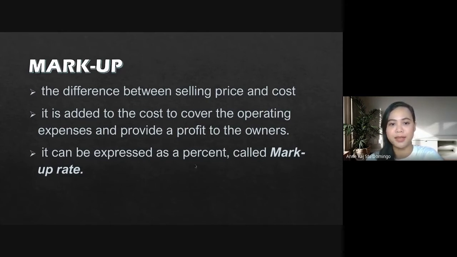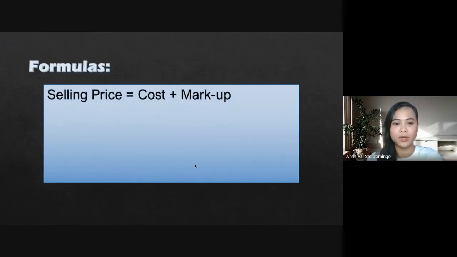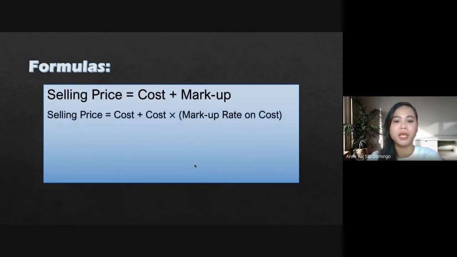So, let's find out how we can solve the markup. The markup can be solved by getting the difference. But of course, we can have selling price equals cost plus markup. The selling price can also be computed by getting the cost plus the markup, which equals cost times the markup rate, on cost.